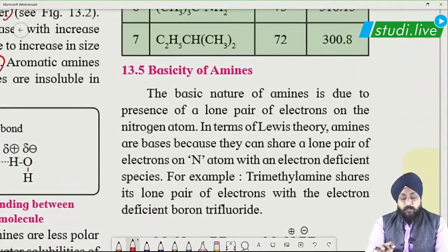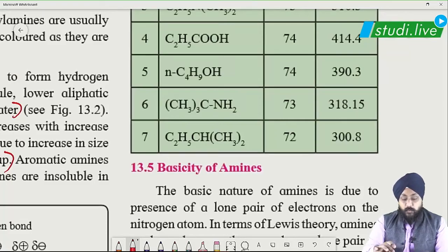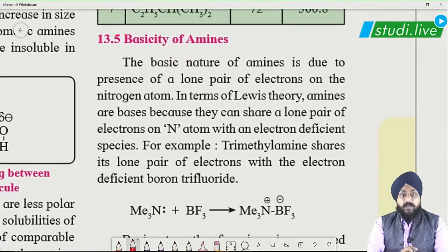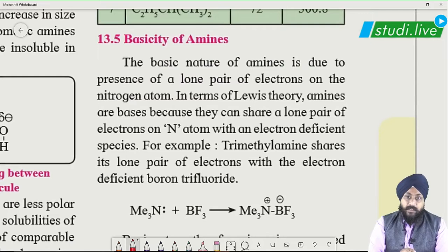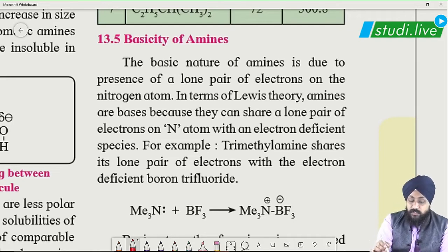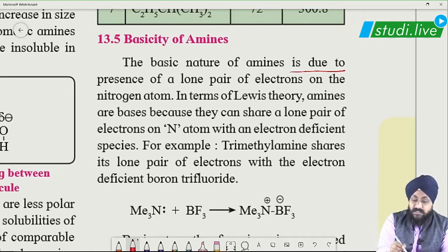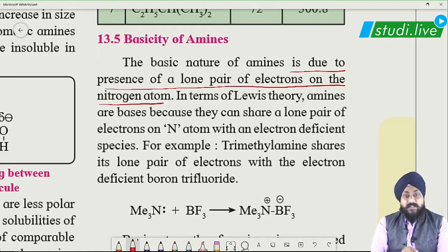Now students, we are moving toward the basicity of amines. Amines are basic in nature. Why? Because of the presence of a lone pair of electrons on the nitrogen atom.